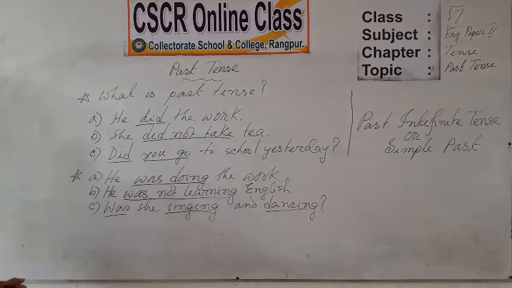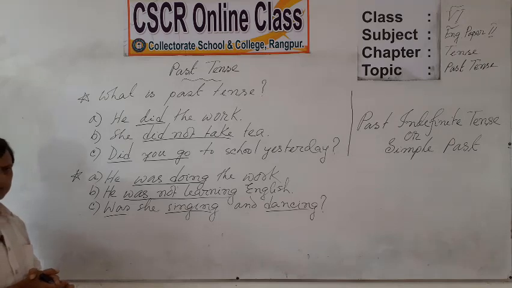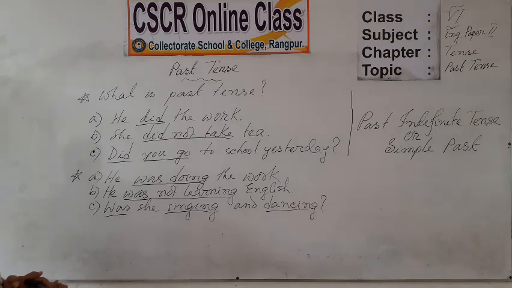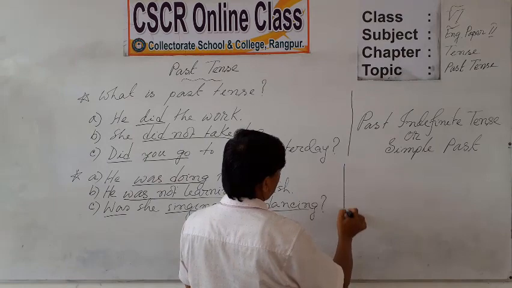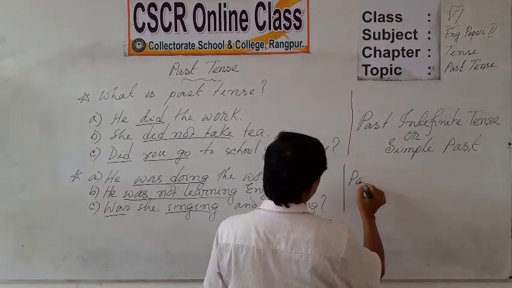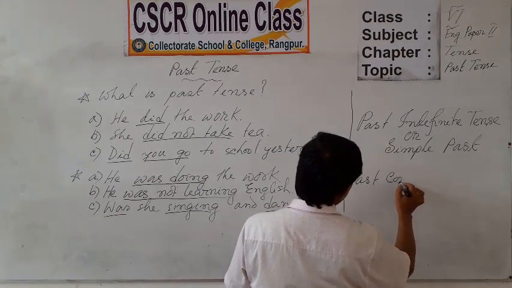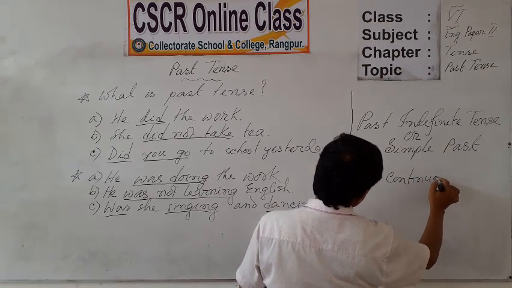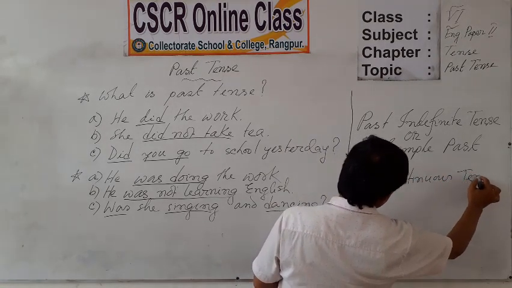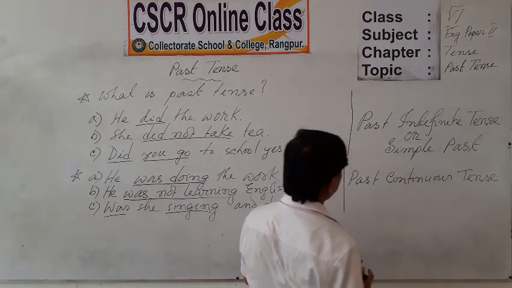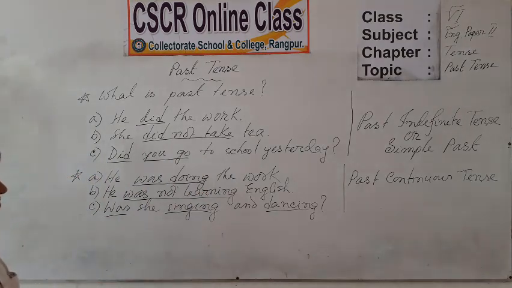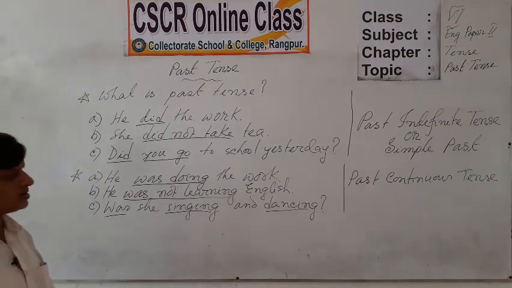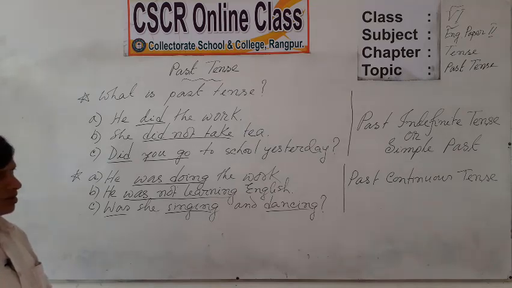As they have no stop, they are held restlessly. So, these verbs are called past continuous tense. Yes, we have already had two kinds of past tense: number one, past indefinite or simple past, and number two, past continuous tense.